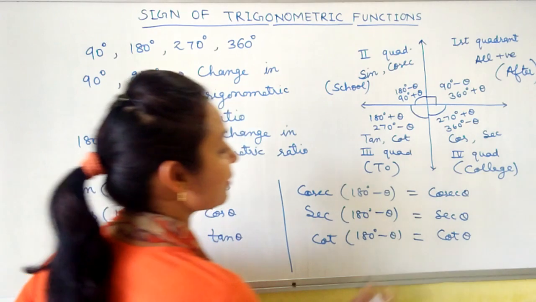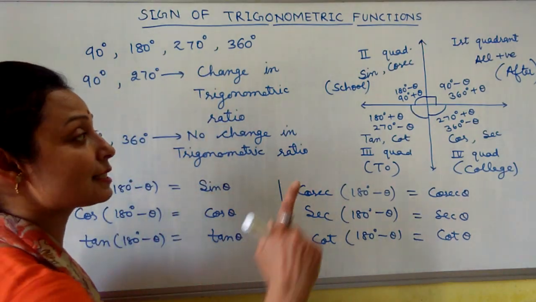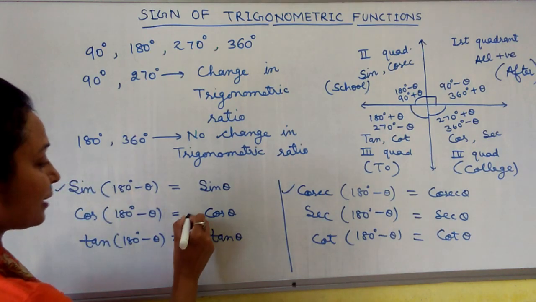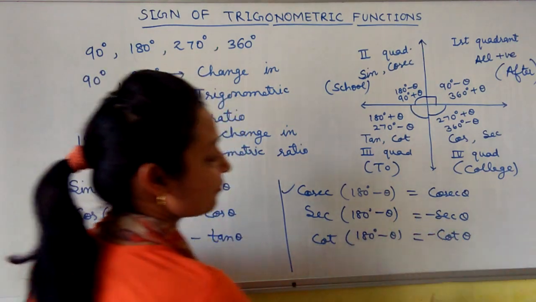There is no change in the trigonometric ratios, but the sign will change because it lies in the second quadrant, that is for cosecant and sine. That means others are negative.